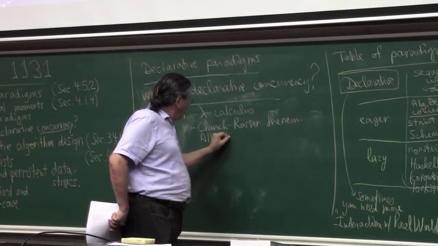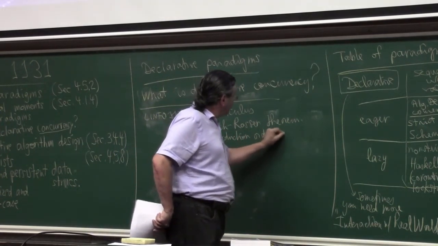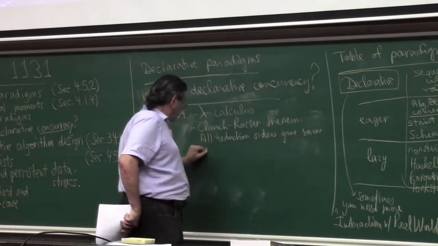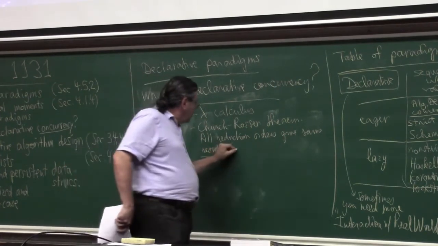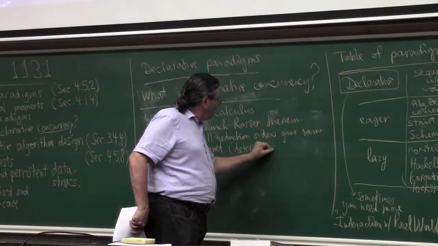All reduction, that means all execution orders give the same result. Up to variable renaming, but that's essentially the same. Okay? This is a form of determinism. This is also called confluence.